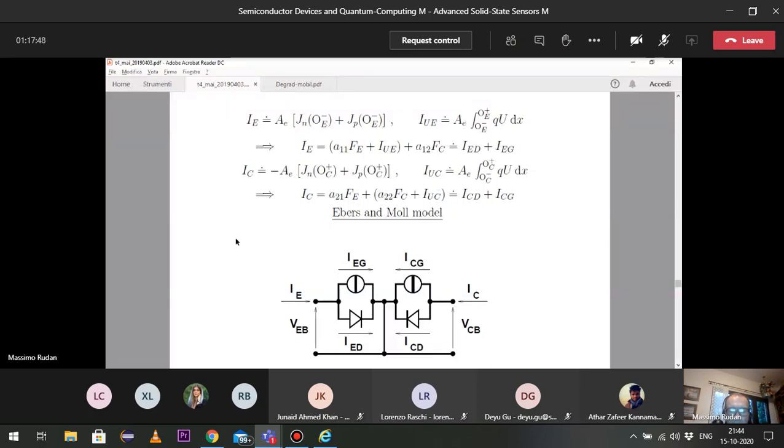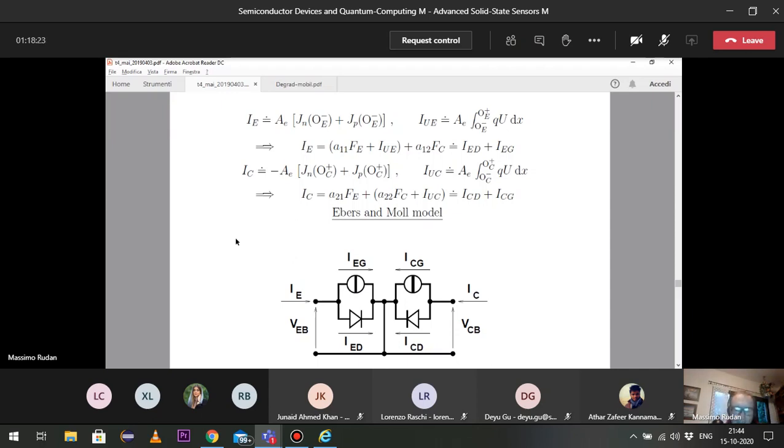One of them, that is called I_CD, is the portion of the collector current of the diode type, and it is the quantity in parentheses A22 F_C plus I_UC. So it is a diode proper controlled by the voltage V_CB applied to the two contacts of the diode itself.